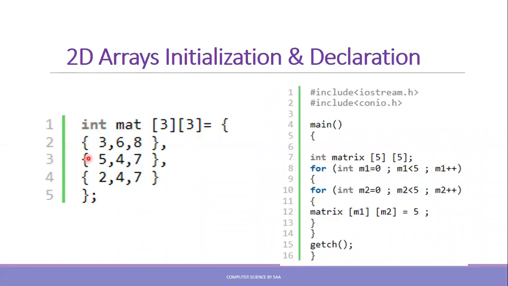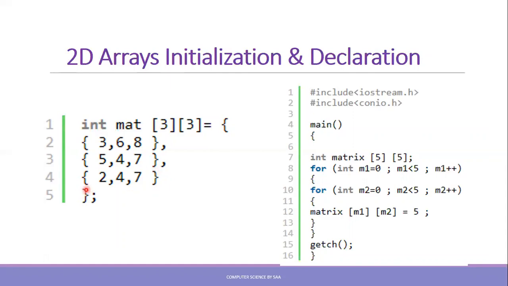So these values will be assigned. Now open up the curly bracket, then put the next curly bracket to separate the rows and columns: 3, 6, 8, then close the curly bracket, put a comma, then the second row, 5, 4, 7, close the curly bracket, put a comma.